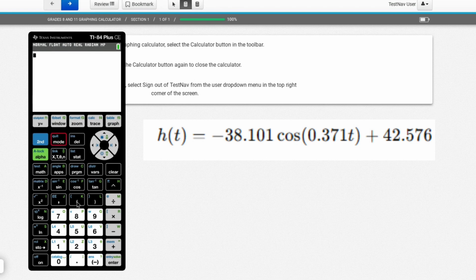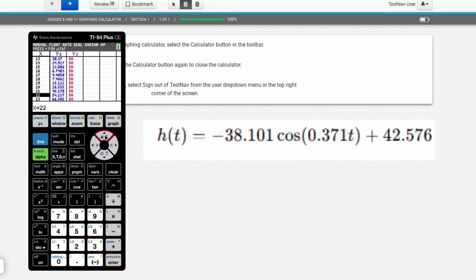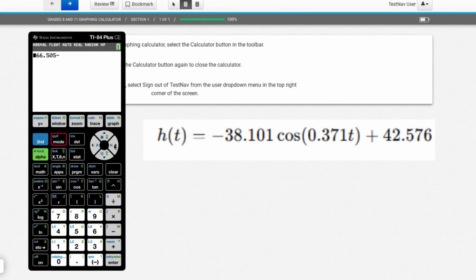66.505. So let's quit out, make our numerator by making a parentheses first, 66.505 minus. Now let's go back to our table and find out what happens at 11, and that is 65.066. So let's quit out of that again. Okay, go back here, 65.066.